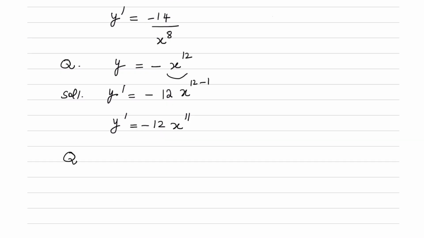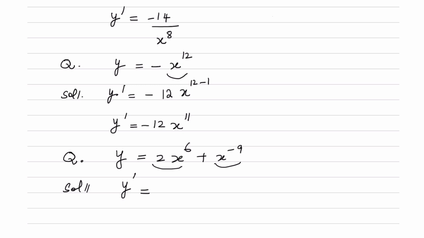Let's look at this question. You have to find the derivative of this expression 2x to power 6 plus x to power minus 9. So to find the derivative of y, we will first write y dash, which is the derivative of y with respect to x, because y is depending upon x on the right hand side. And then you find the derivative of the first term and the derivative of the second term. In between you will have the plus sign.